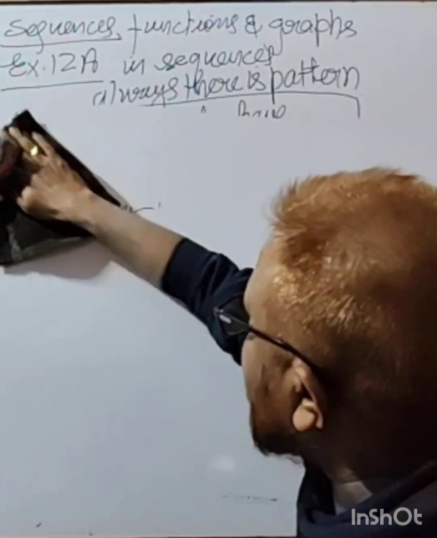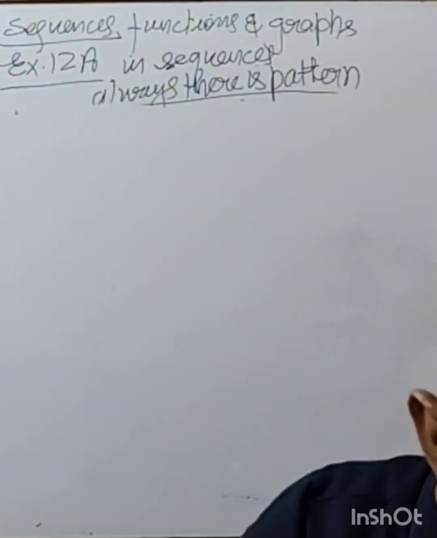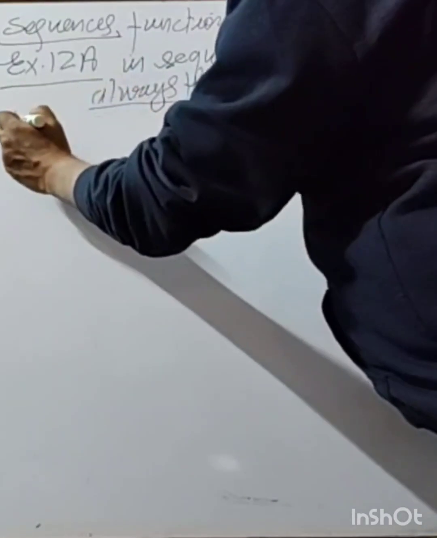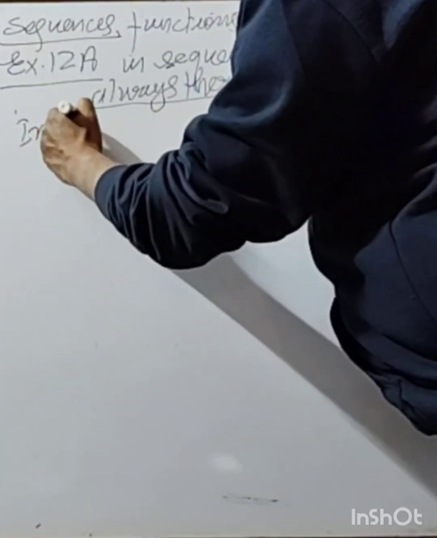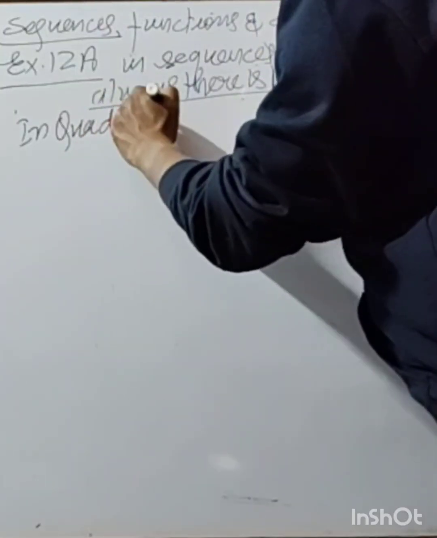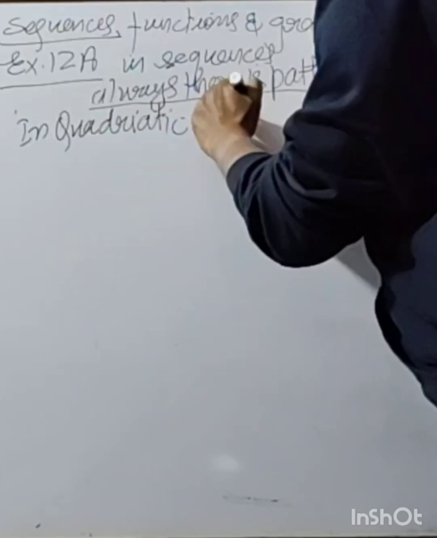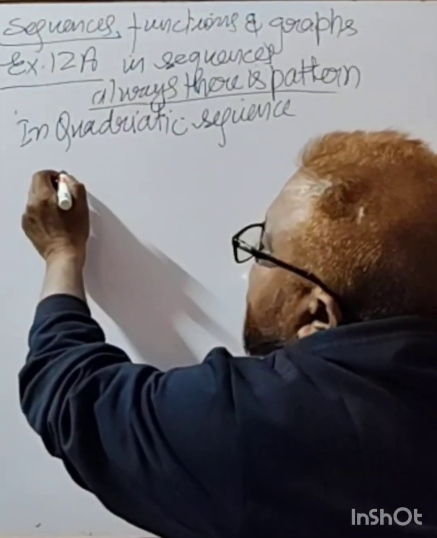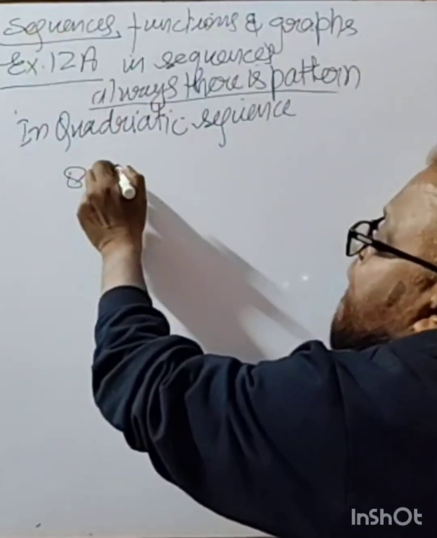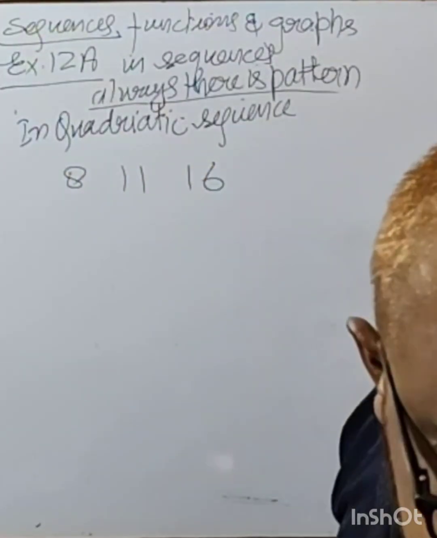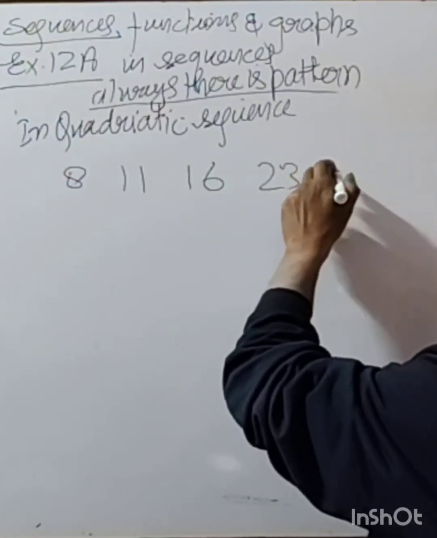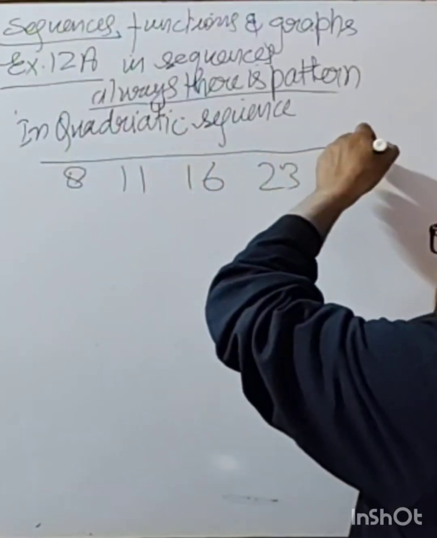In a quadratic sequence, say the numbers are 8, 11, 16, 23, 32. This is the sequence.